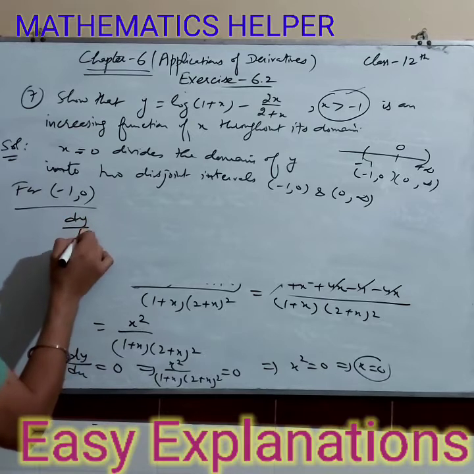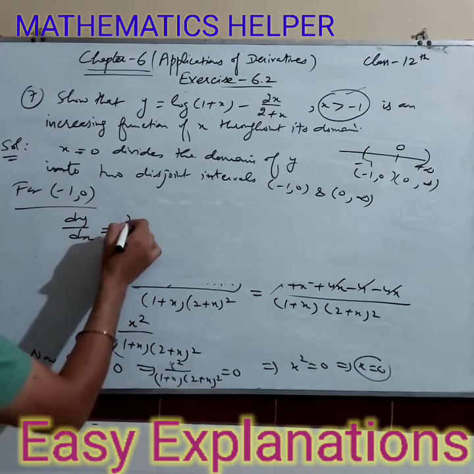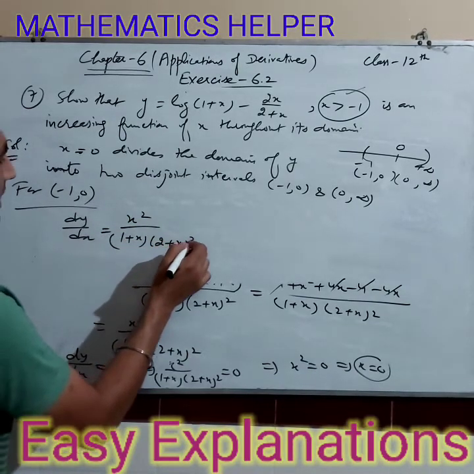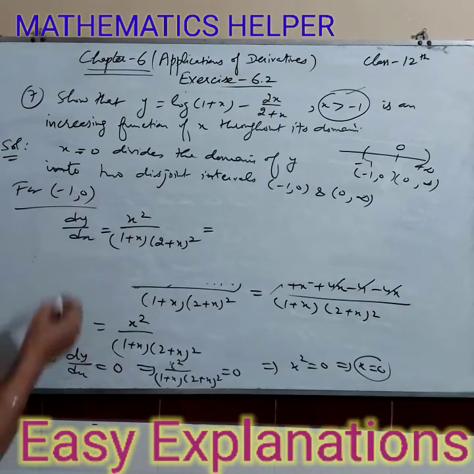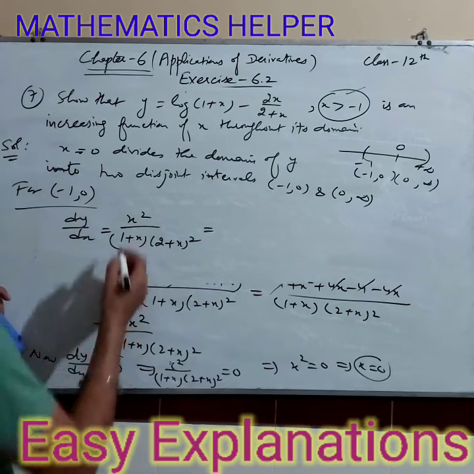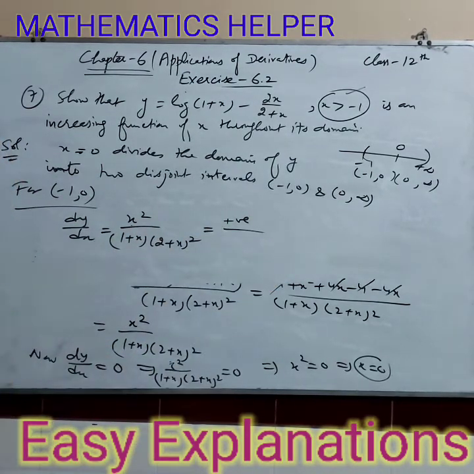What is dy over dx? Its answer is given here. Dy over dx is x square over (1 plus x) into (2 plus x) raised to power 2. So what about any number between minus 1 and 0? Suppose it is minus 0.5. Minus 0.5 square will give a positive answer in the numerator.